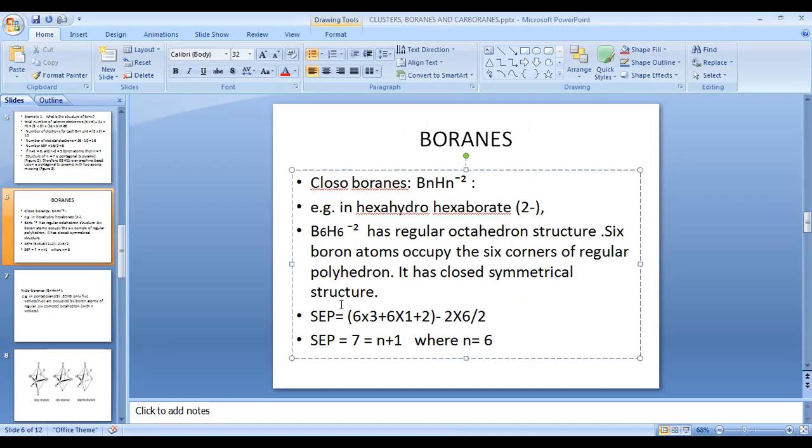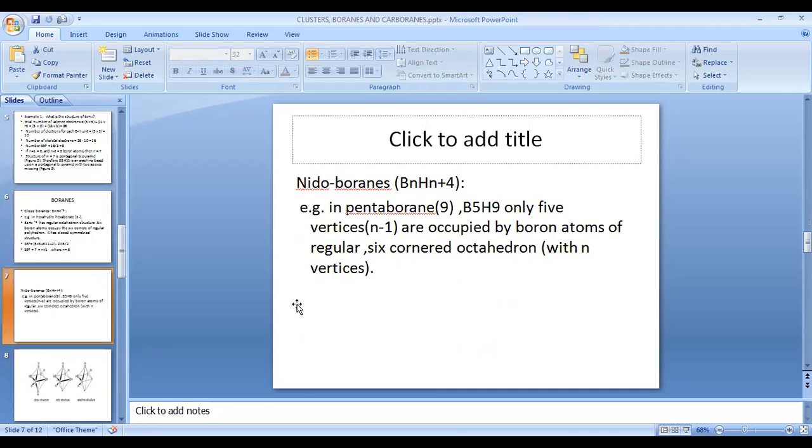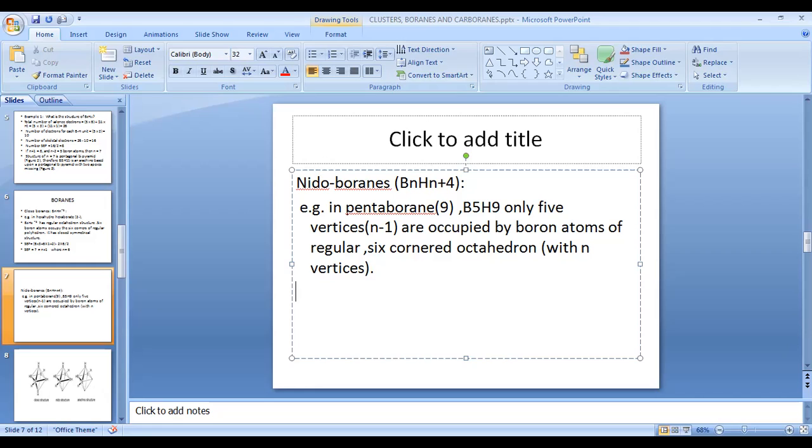Next, let's do the Nido. What is SEP? SEP is equal to the number of borons. How many borons do we have from this formula? 5, and each boron contributes 3 valence electrons. Plus how many hydrogens do we have? 9, 9 into 1.